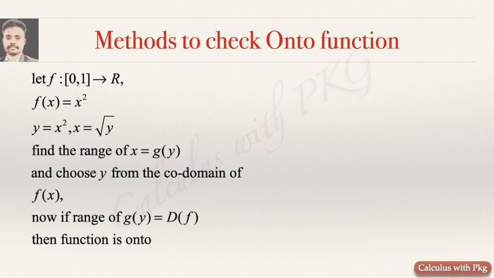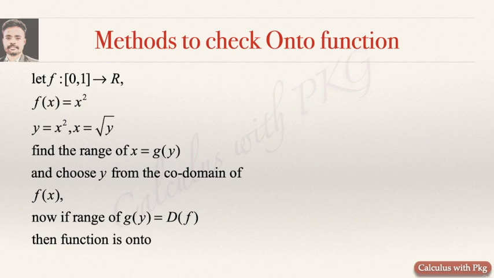So how to check? We will choose a variable y which will be equal to x square. Then we will find x as a function of y. So we can write x equal to square root of y.